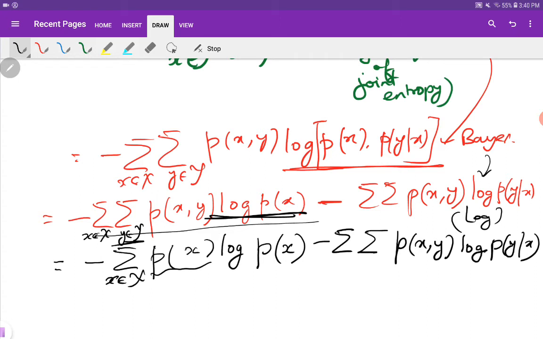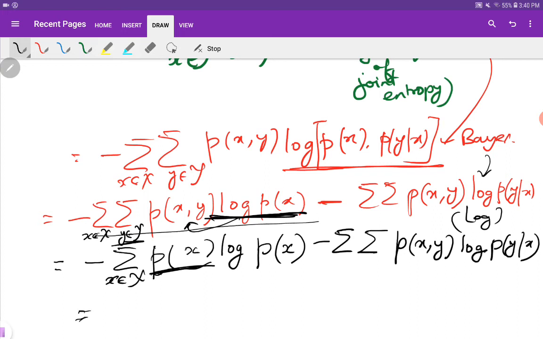This is easily verifiable, just basic probability, because y takes all values. Or in other words, if we take this sum, we get p of x because log p of x is independent of y.